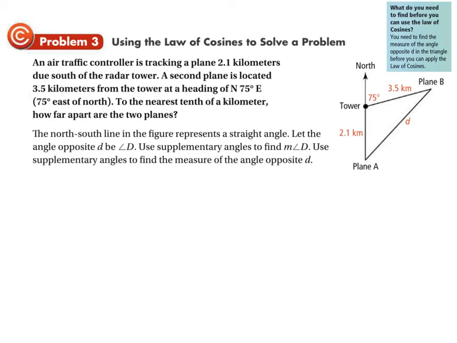So let the angle opposite side D, that distance between them, be angle D. You can use supplementary angles to find the measure of that. If this whole thing is 180 and that's 75, what's left? They've found that this is a 105-degree angle, and I'm going to write it in there, 105 degrees.